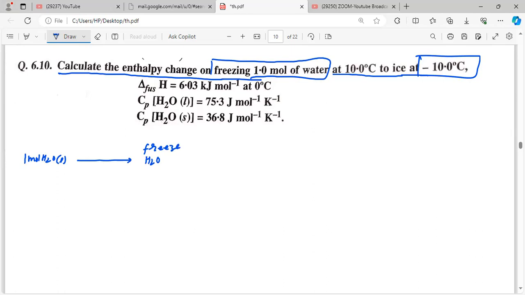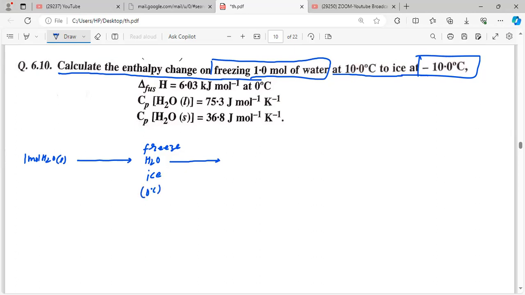Now this water freezing, then this water becomes ice. Here the liquid changes to ice. Then finally they are saying this ice is at 0 degree.